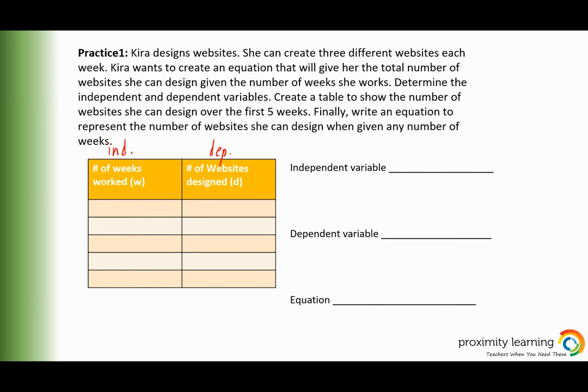So looking at this, the number of weeks Kira's worked is going to be our independent variable. And then our dependent variable is going to be how many websites she's actually designed.